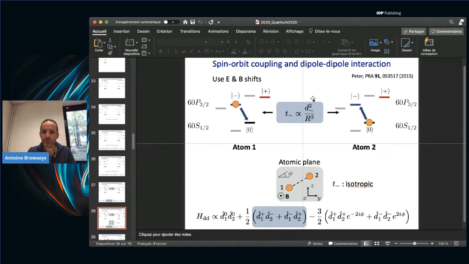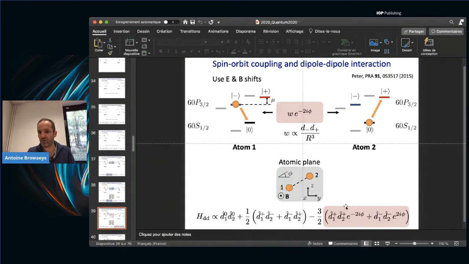But now let's move to the second term, which is this term here. You see the appearance of a phase, and it turns out that this phase is the phase in cylindrical coordinates of this internuclear axis with respect to the reference axis you've chosen, which at this stage is purely arbitrary. Now it turns out that this will induce a state exchange as well in the very same way as previously, but instead minus goes to 0, while 0 goes to plus.